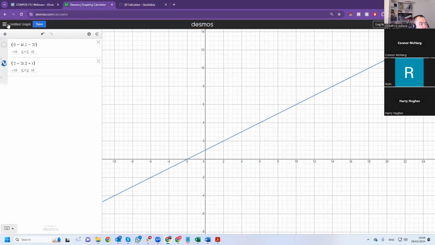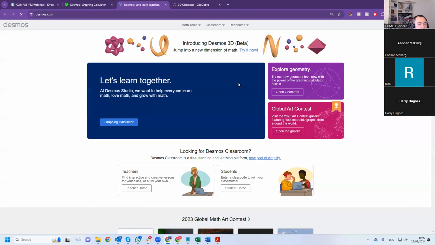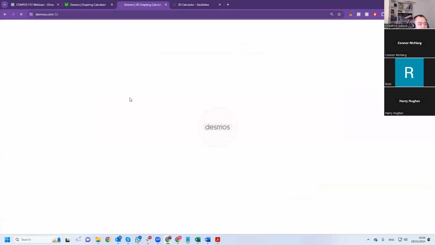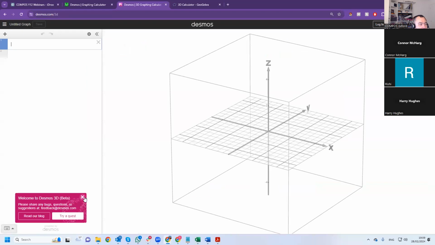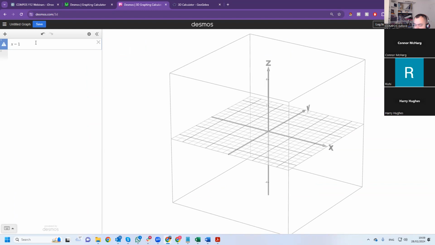Let's see if we have better luck with Desmos. X minus 1 equals 2 minus y equals z minus 3 over 2.